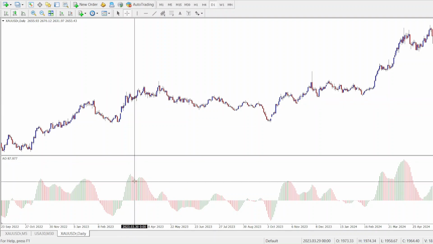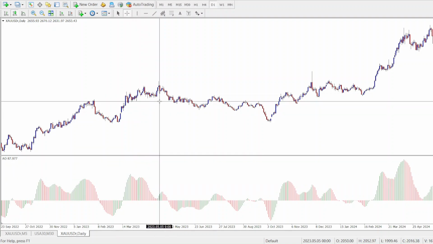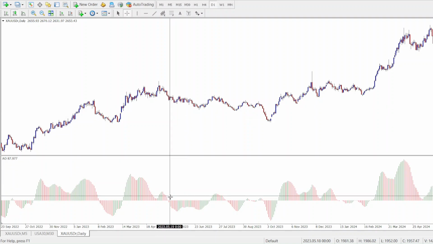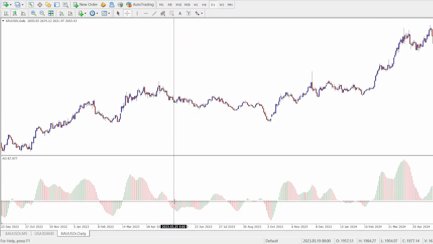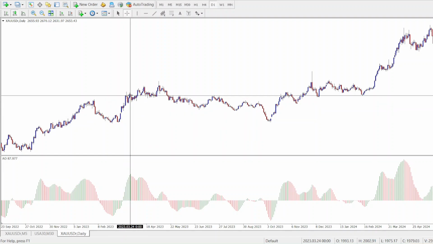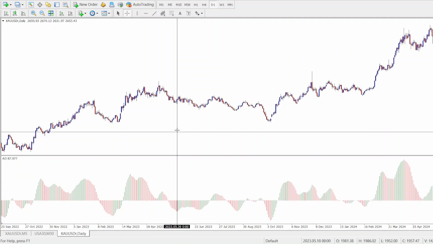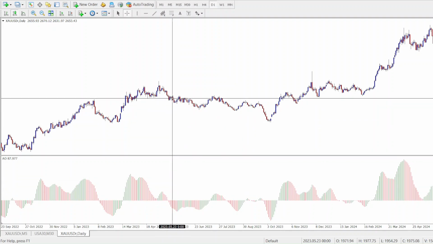But that doesn't mean that we should enter a sell trade immediately. Before we enter a sell trade, we want to wait for the red line to form below the zero level. So exiting our buy trade around here, we would have waited until this point before entering a sell trade.